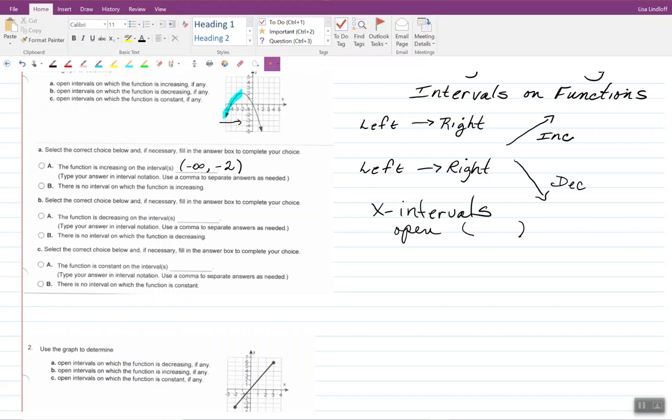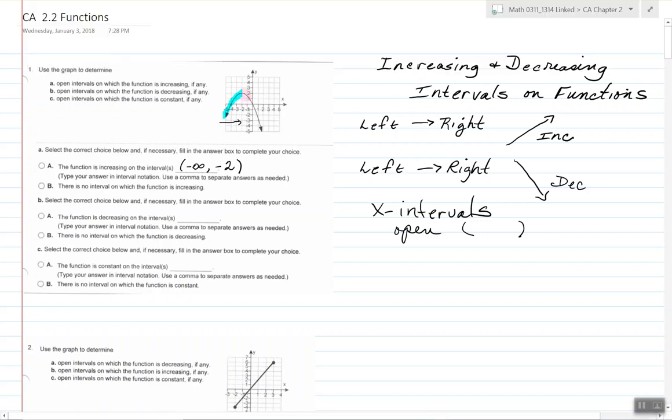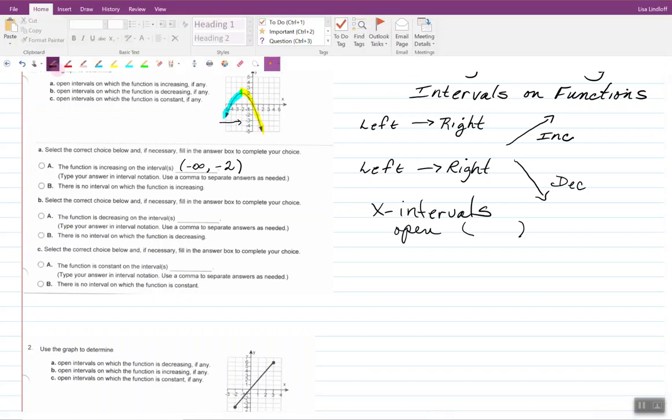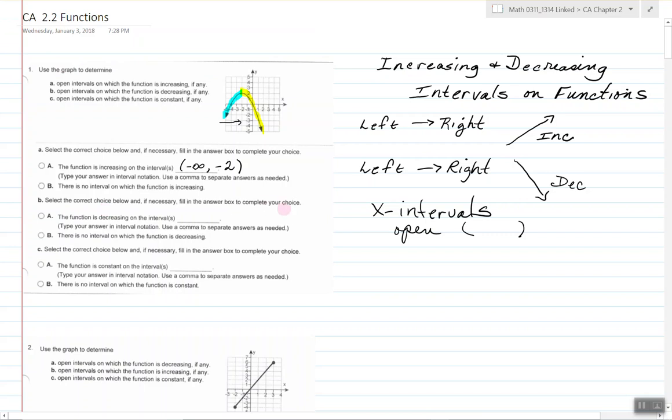Now, from negative 2, where is it falling? It is decreasing from negative 2, and it decreases for the entire rest of the domain, so I'll put infinity.